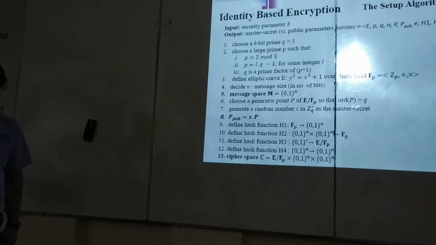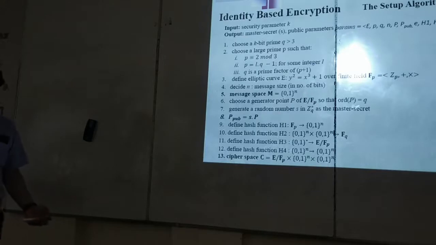So that means the ciphertext will have 3 parts. The first part will be a point on the elliptic curve because this is the space. When you are constructing a ciphertext, this is the Cartesian product of 3, meaning all possible combinations of these 3. You take any element from this, then combine it with any element of this, then combine it with any element of this set. That is a ciphertext.